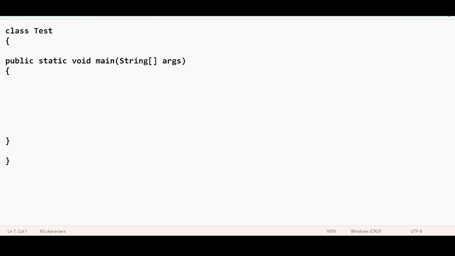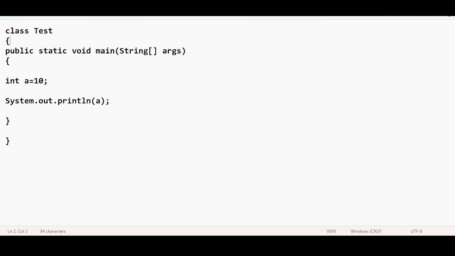Now I am expecting answers from you. The question is: int a equal to 10, System.out.println(a). Very simple question. After this, we will look into the actual problem. What is the answer for this?